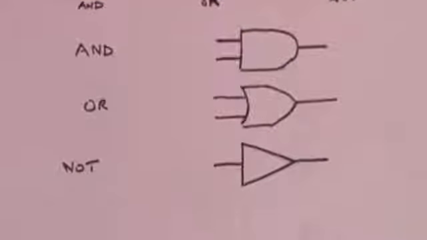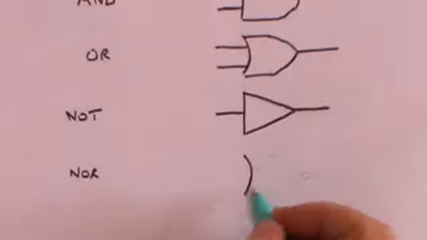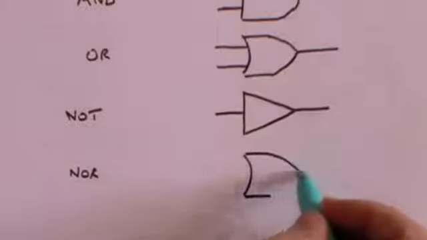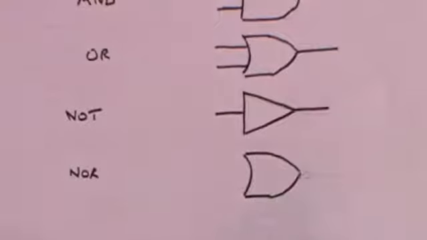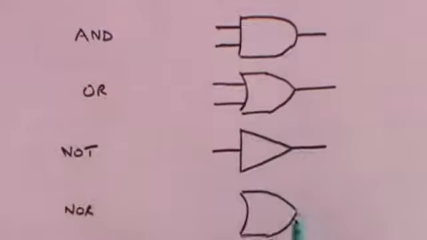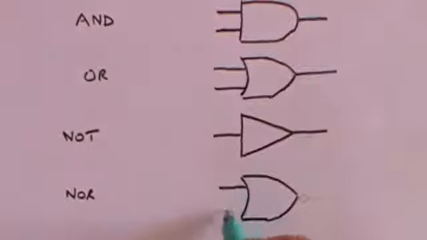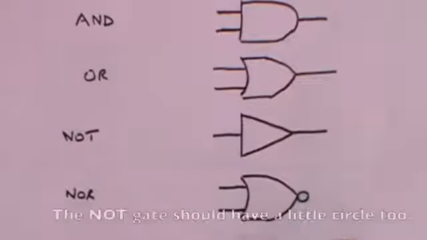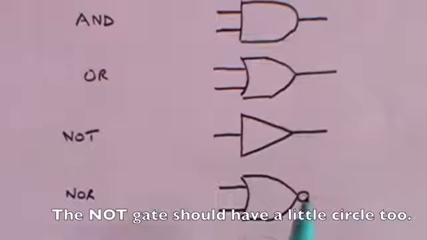Now there are 4 more fairly common gates. The next one is called the NOR gate, and that is drawn rather like an OR gate. Here's the OR gate, so far it looks the same, but what you do is you put a little circle there, and that tells you that it's a NOT.